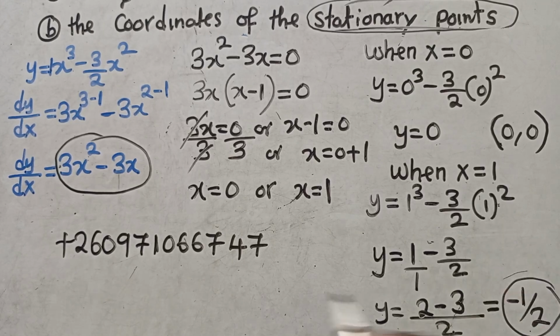What is the coordinate? x was 1, y is negative 1 over 2.